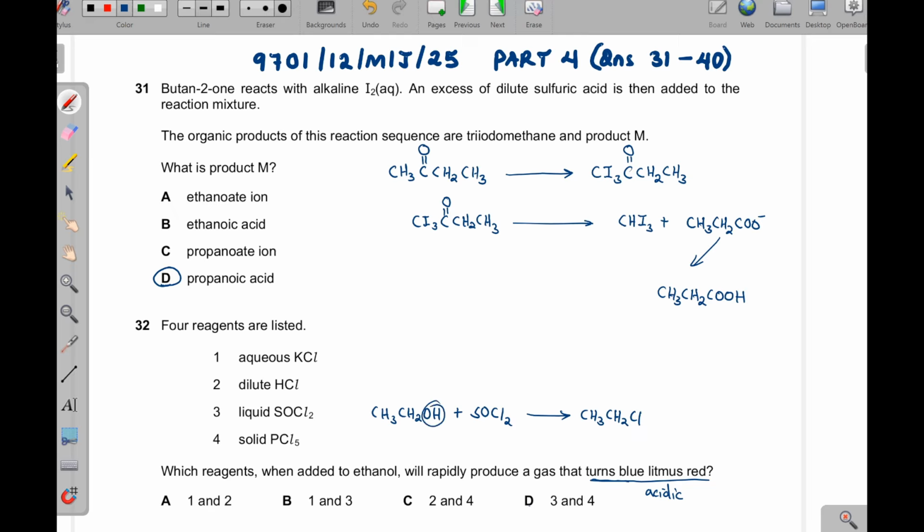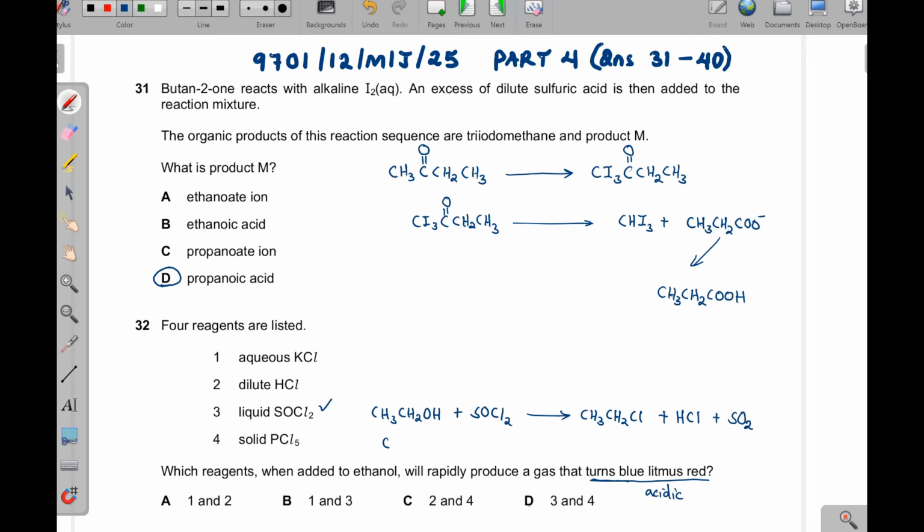This one is substituted, and then we are also going to get HCl, which comes off as a gas, and also sulfur dioxide. Both are acidic gases, so they can turn the blue litmus red. So that means this one is there.